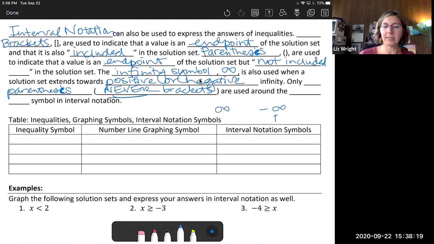Parentheses only go around our infinity symbols. And that's what we're going to fill in here, the infinity symbol in the interval notation.